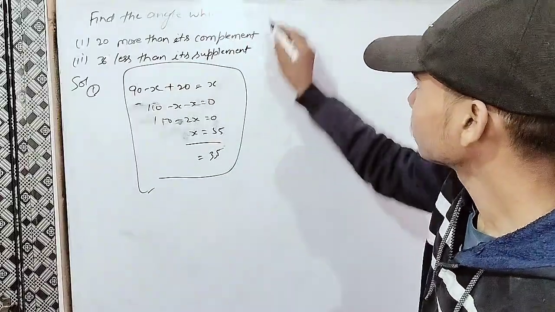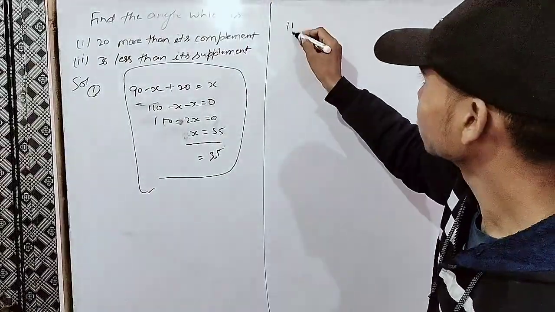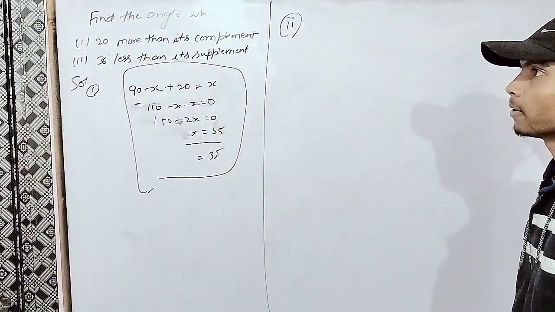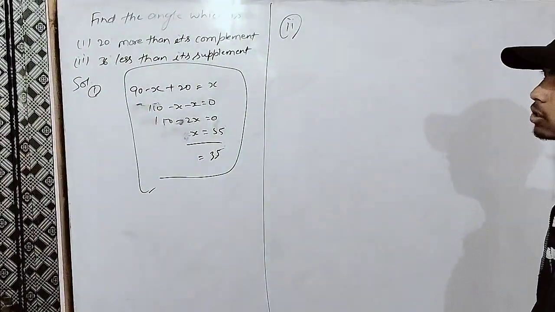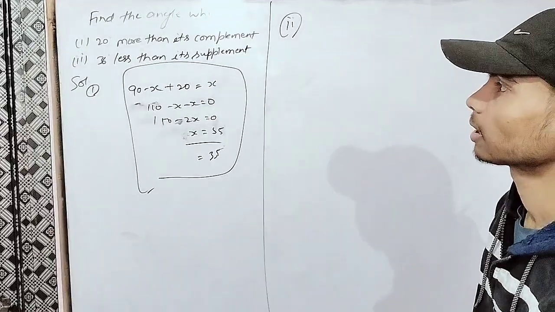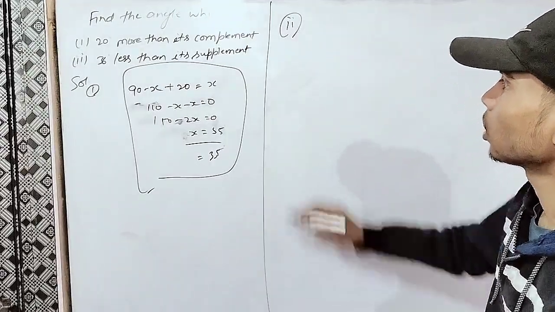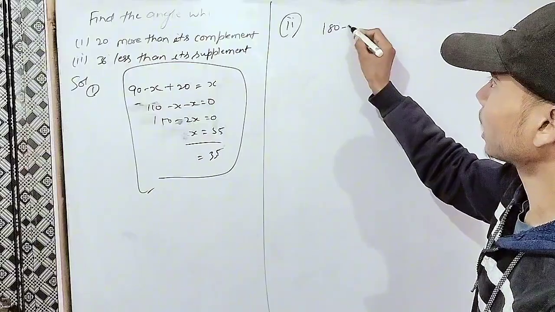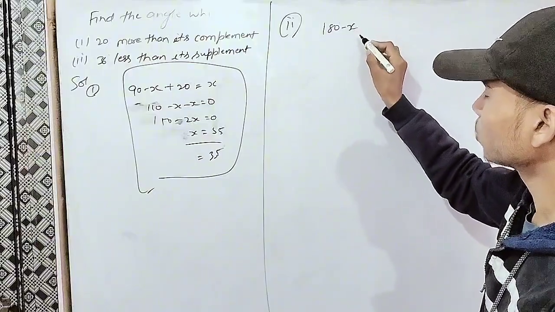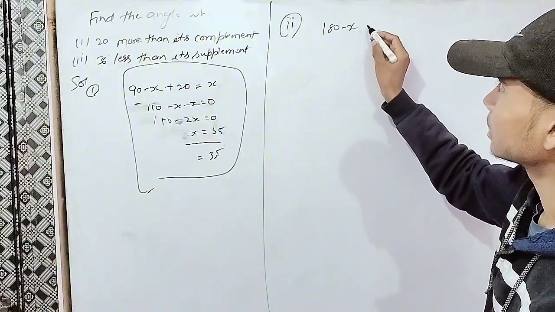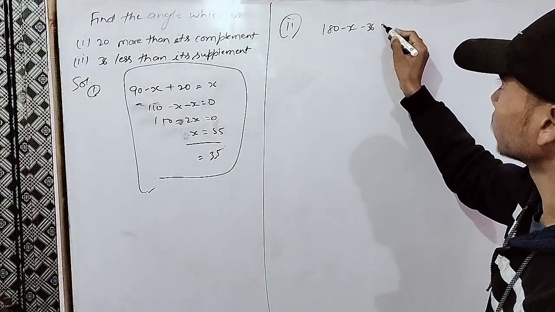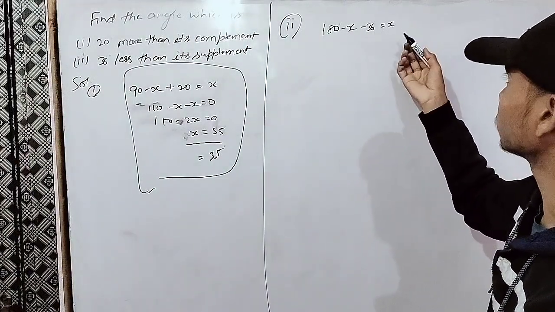Now let's see the second. Second, what does it say? 36 less than its supplement. 36 is less. So 180 and x, the first value, and then it is less 36, and second this.